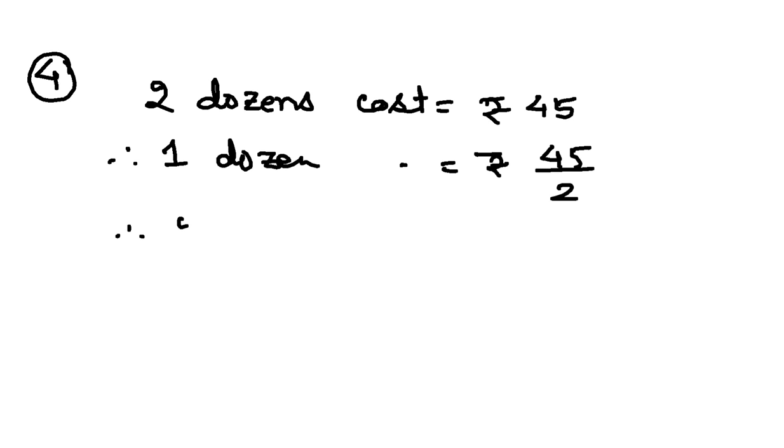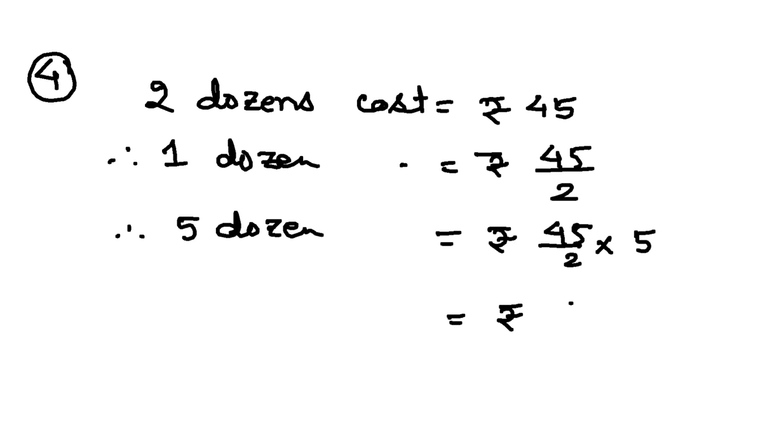So the cost of 5 dozen bananas will be rupees 45 by 2 into 5. 45 into 5 is rupees 225 by 2, and if you divide, you shall get rupees 112.50. Done. Now let's go to question 5, the last one that we can solve today.